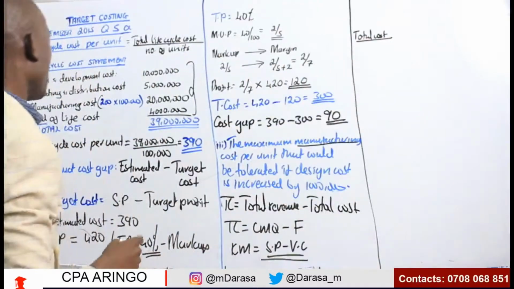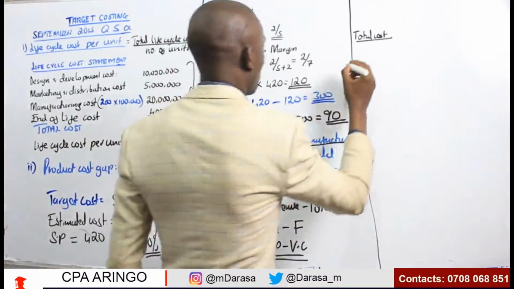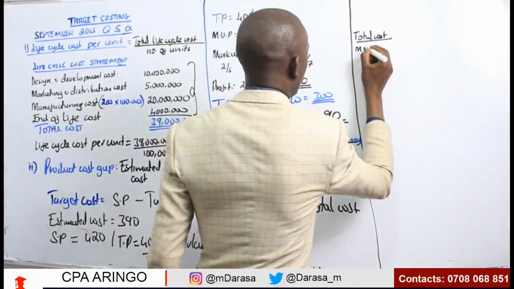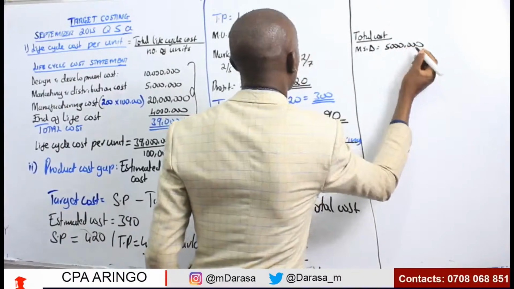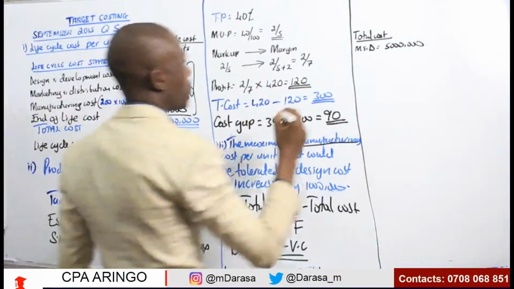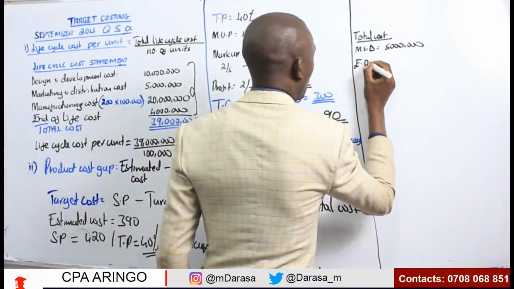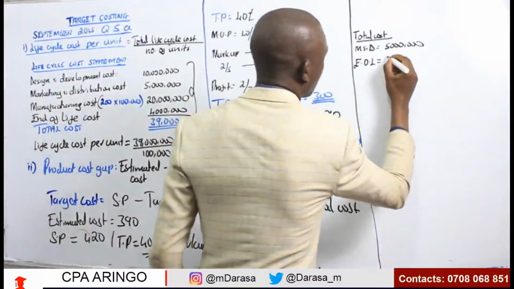We have all these costs, right? We have marketing and distribution, 5 million. We had end of life cost, I'm having 4 million.